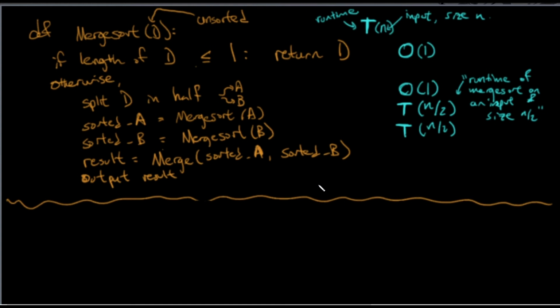You can look back at the code that we wrote for merge and confirm this. At the end, we're going to have iterated through each array exactly as many times as their sizes.